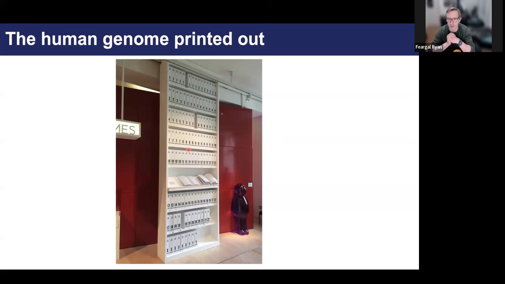The head doctor is asked, are they going to analyze this with software? And the doctor's like, no, we're going to go through it by hand. In the next scene, they're literally reading through the genome by hand, which is absolutely ridiculous. It would never happen that way, but people sometimes think that's what you might do with it.